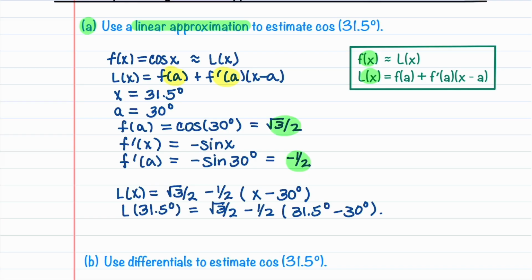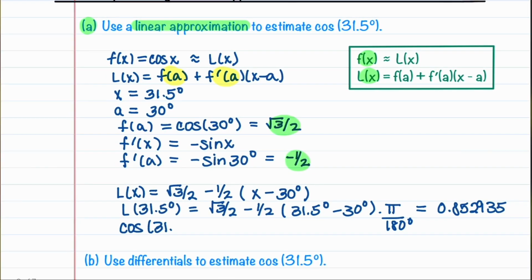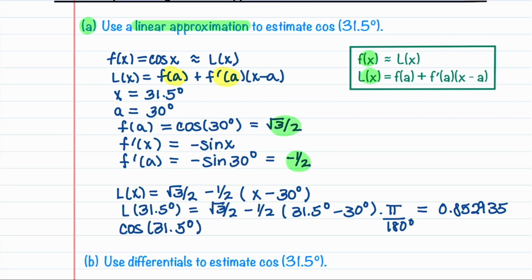So we have to multiply this by pi over 180 degrees. This answer then is equal to 0.852935. So we can say that cosine of 31.5 degrees is approximately 0.852935.